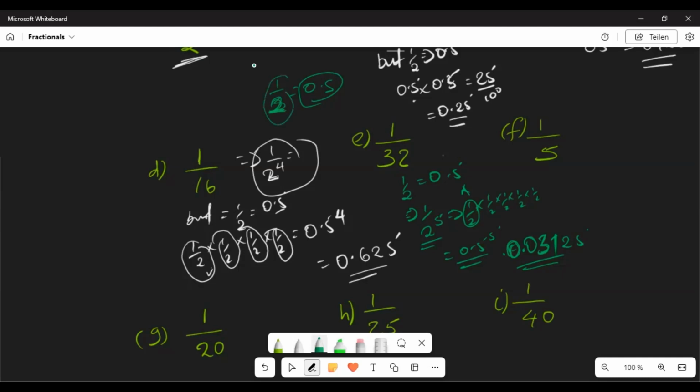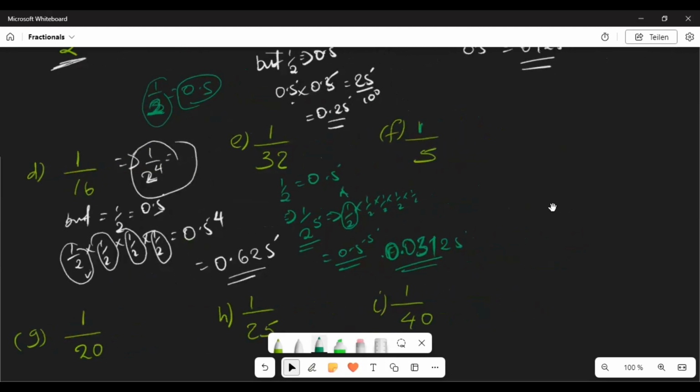Now we want to go to the next level where we're going to look at numbers that end with 5, and denominators of 5 also have some values that are going to help us. So let's just go and check.